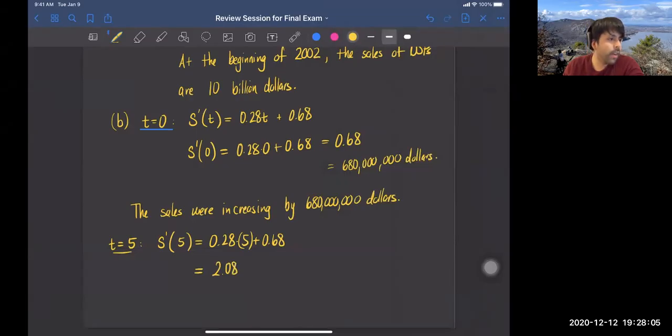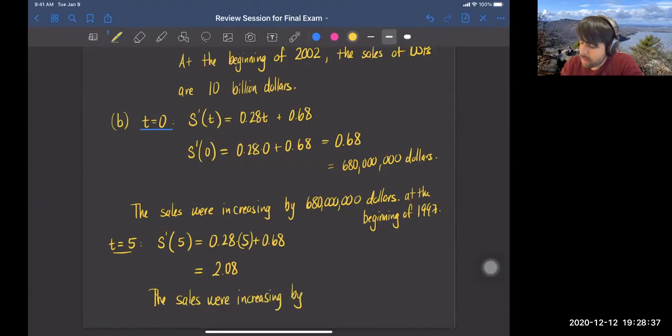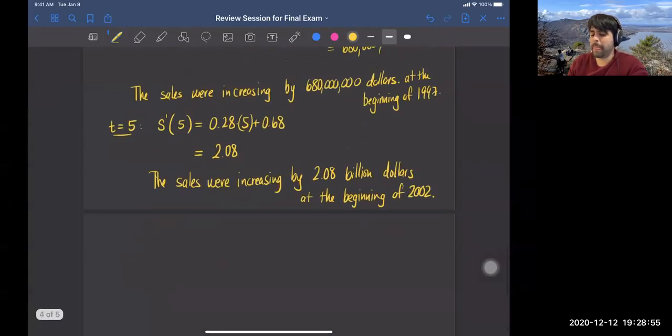Again, this is how fast the sales were increasing at the beginning of 1997. So at the beginning of 2002, the sales were increasing by $2.08 billion.